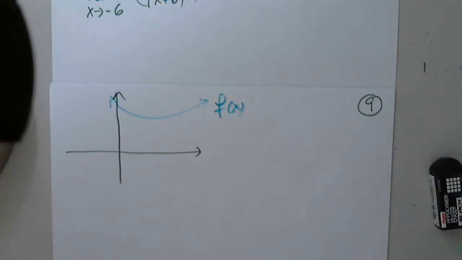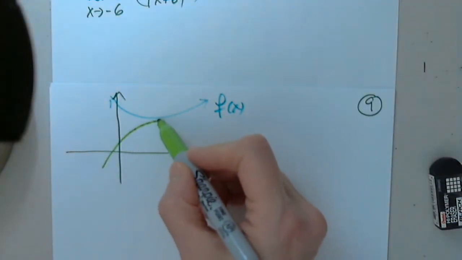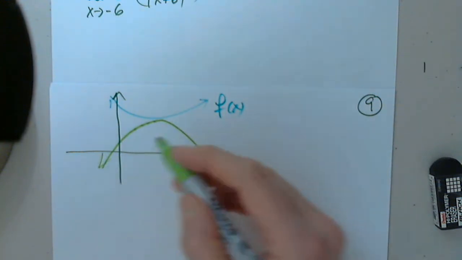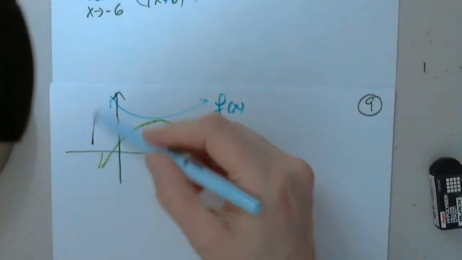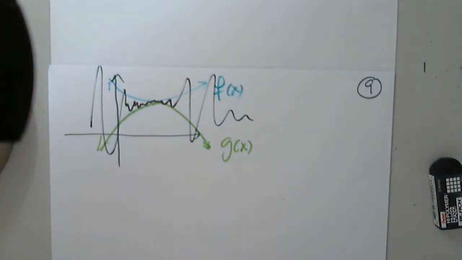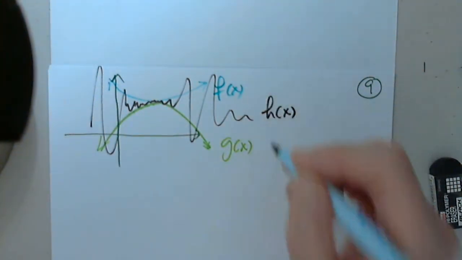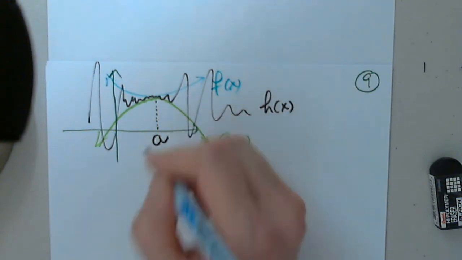Let's say we have another function, let's call this one g of x. And let's say we have a function that does this, which is h of x. And this is our x value, which is a.